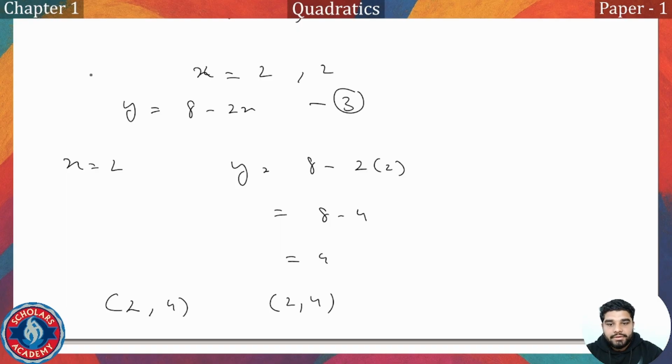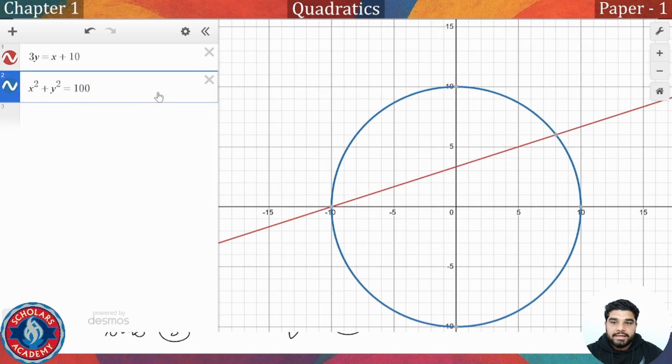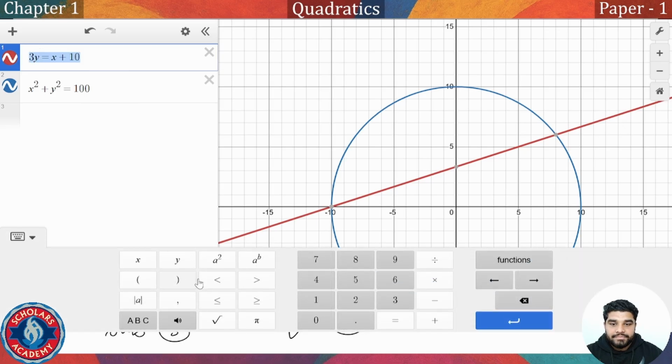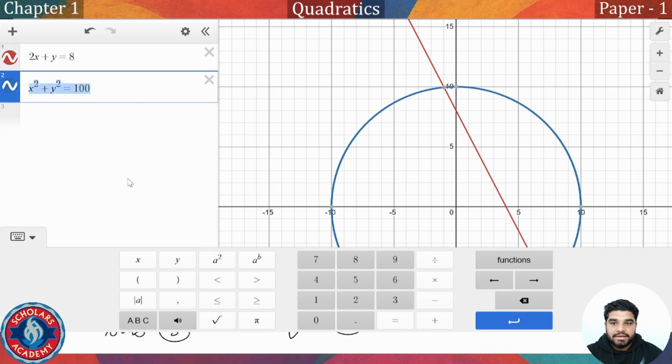So I can show you this in graph. We have 2x plus y is equal to 8. So if I write over here 2x plus y is equal to 8, and in the second equation, the second equation was xy is equal to 8.